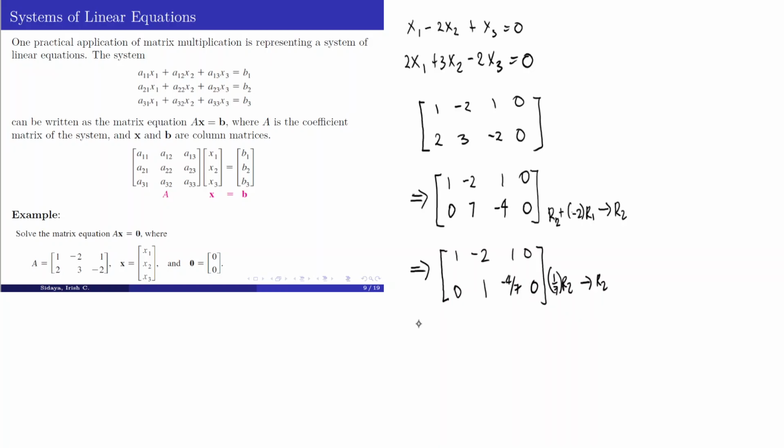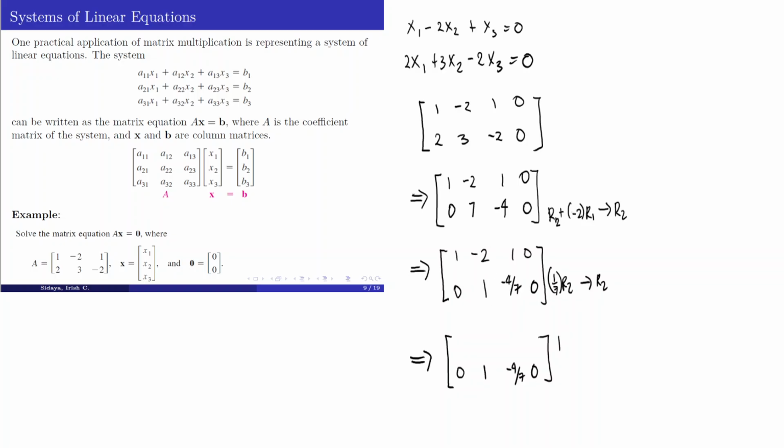Next is, we want this to be 0. We just copy the second row. Okay, to make this 0, we can multiply this by 2 and then add to this one.